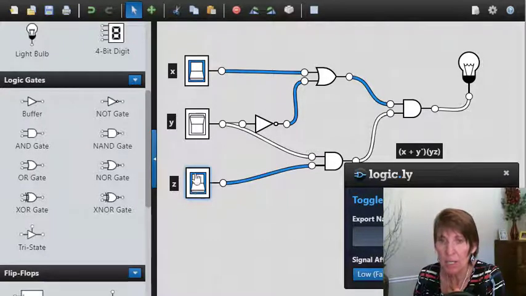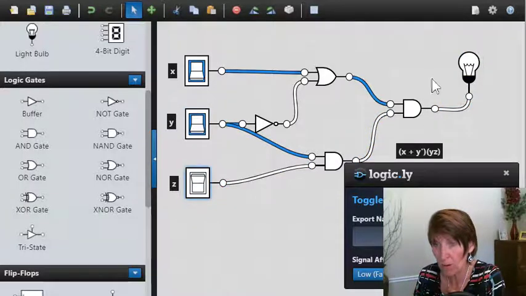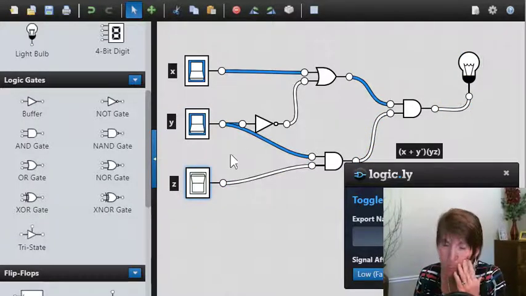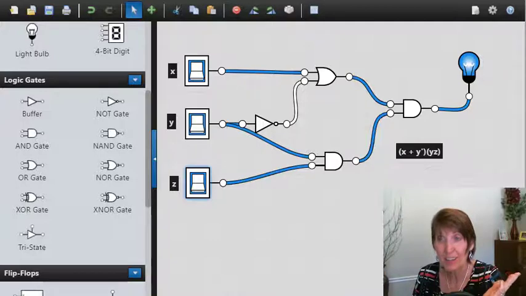Then X is 1, Y is 0, Z is 1, it's off. The next one is X 1, Y 1, Z 0, and it's off. So far it's holding true. And then the last one is when they're all on, and it's on. So it worked. All the combinations were 0 except when we had all the switches on.